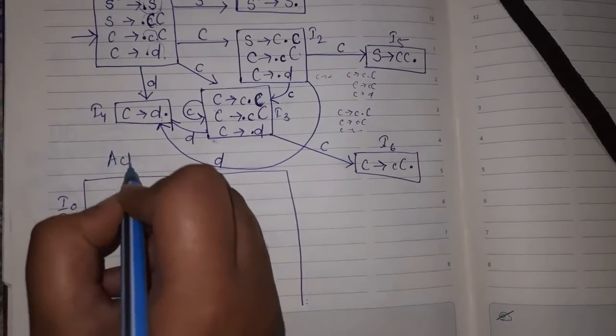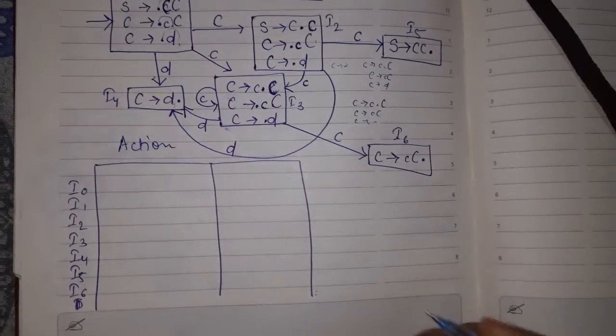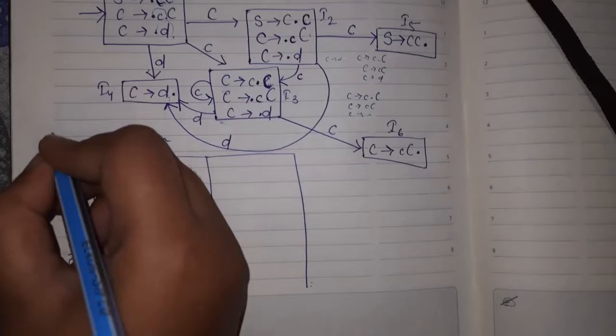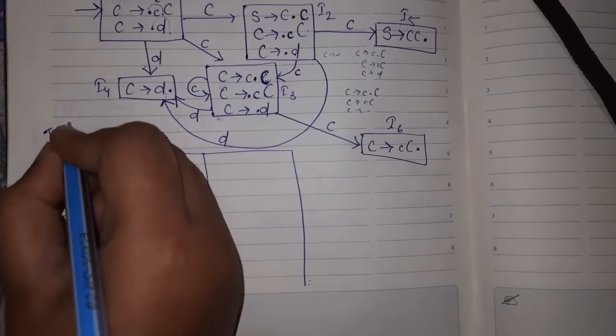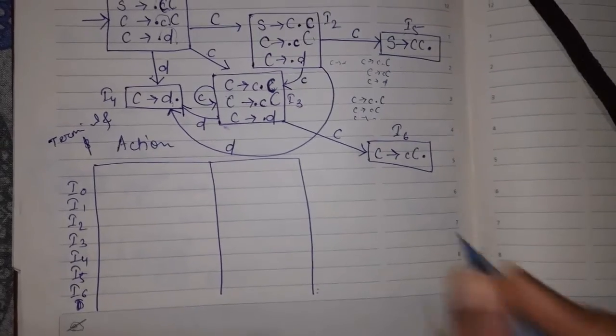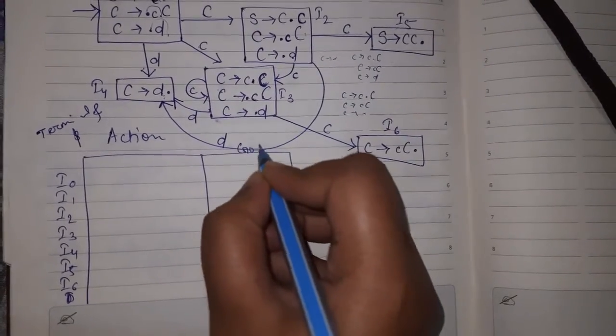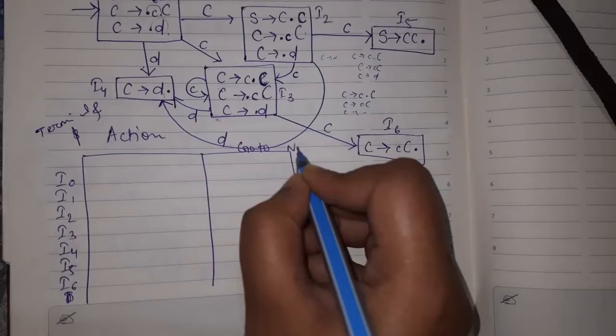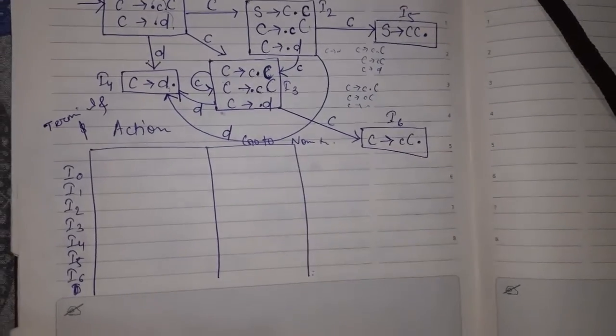First is the action table. In the action table, we will only consider the terminals and the dollar. This is the go-to table. Here we will consider the non-terminals.